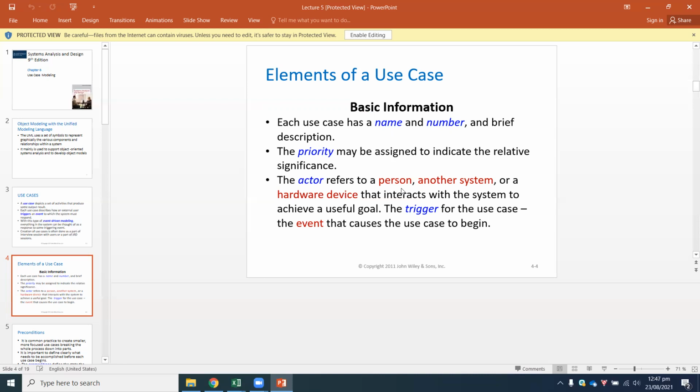The actor can be a person, since a person can interact with the system. A hardware device can interact with the system, or in some cases, you have one system that interacts with another system. So your actor can be any of these three: a person, another system, or a hardware device. Now, another thing that you have is finally the trigger.